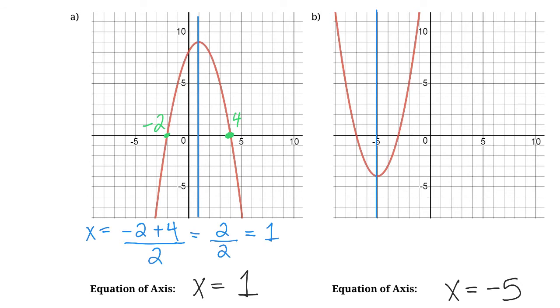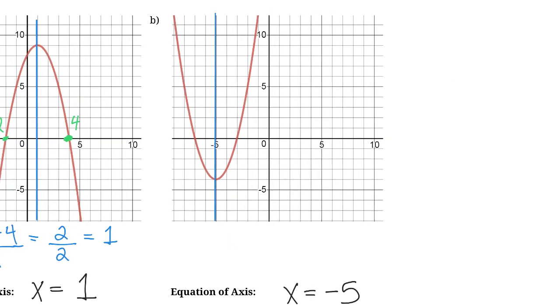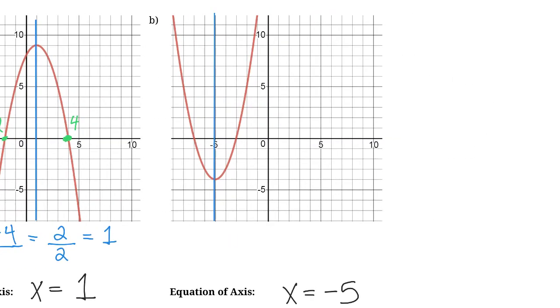We're going to do the exact same thing for question B. So if we take a look at this graph and we do the same thing, we're going to mark in our two x-intercepts. This time we have an x-intercept at -7 and another one at -3. So we are going to average them out.